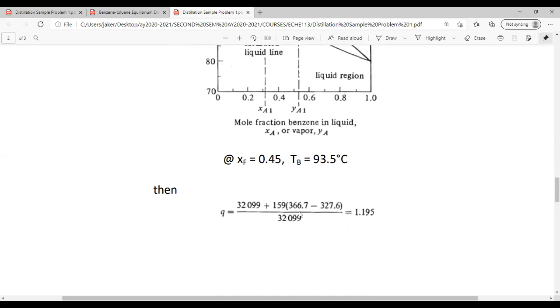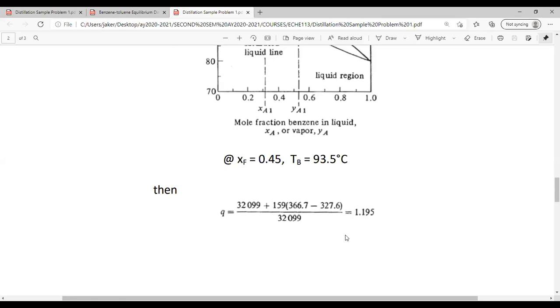That would be 366.7, rounding it off, using 273.15 added to 93.5. And this one is for the temperature of the feed in Kelvin as well. So this is the lambda, this is the Cp, this is the Tb minus the Tf, and this is the latent heat of vaporization, giving you a Q which is 1.195.